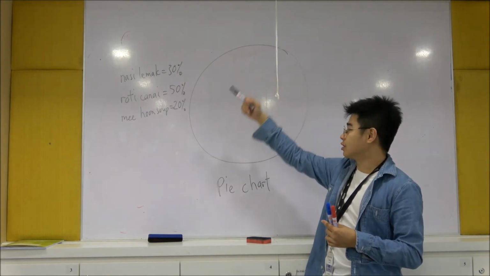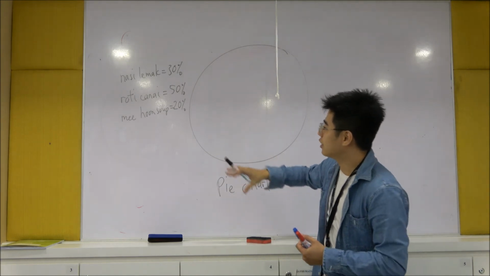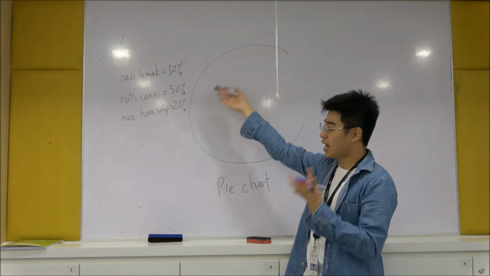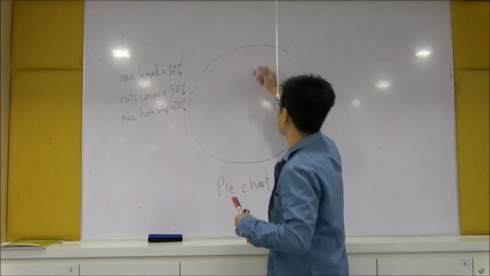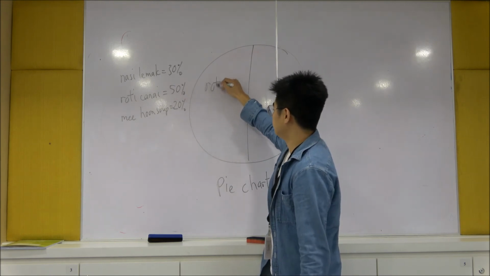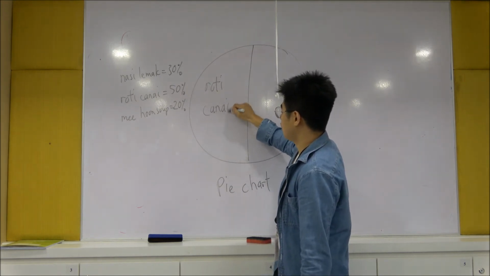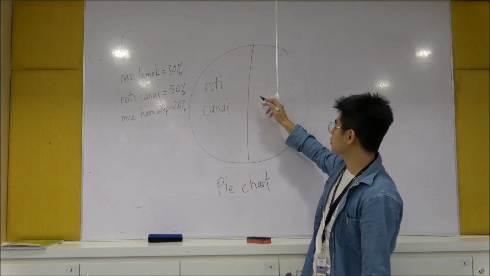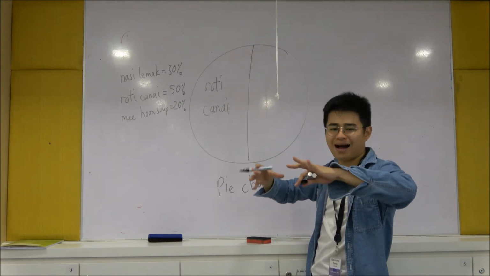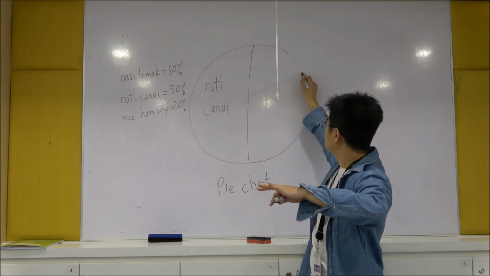You just have to draw a circle and look at the percentage of the data presented. So Roti Canai has the highest percentage, so I will expect half of the pie chart to be filled with Roti Canai, like this. As for the other two, you have to approximate, agak-agak, trying to create the number.